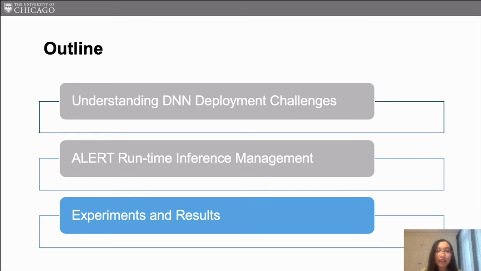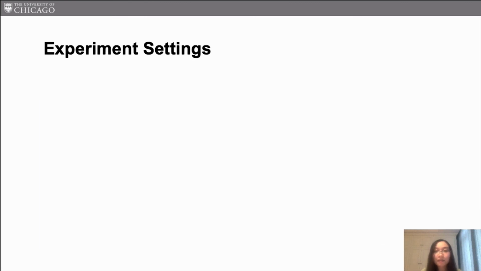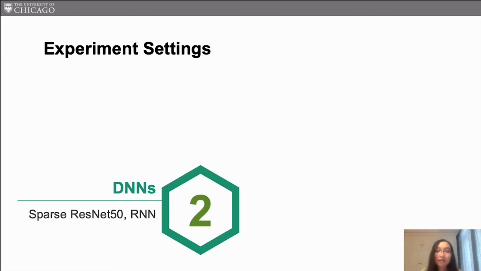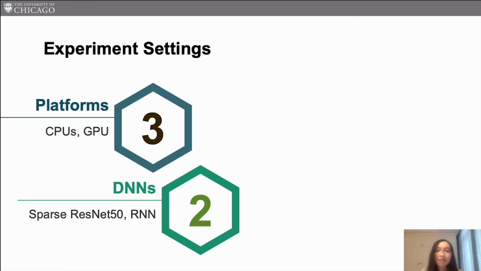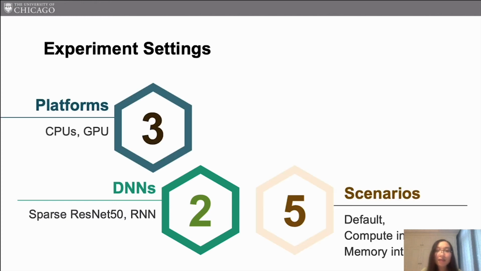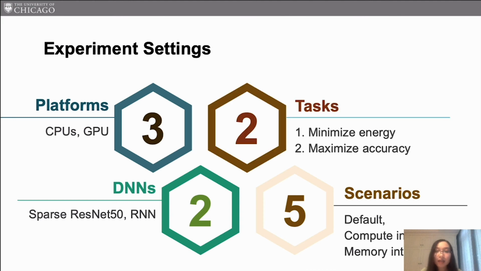Finally, let's go to the experiments and results. To evaluate our Alert, we select two popular DNNs, sparse ResNet and an anytime DNN. We test them on both CPU and GPU servers under 5 different contention scenarios. We evaluate two tasks, minimize energy and maximize accuracy.